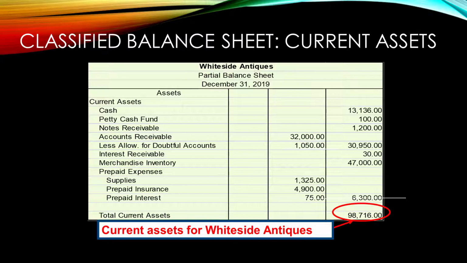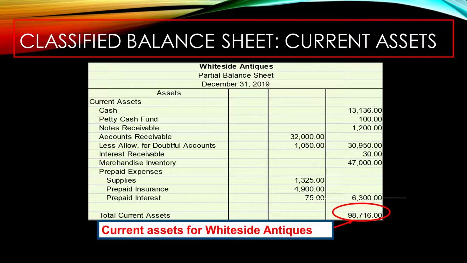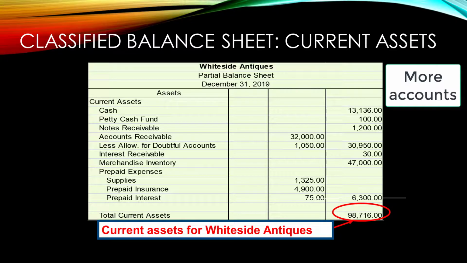The third and last statement is the balance sheet. Just as we learned in the first half of the semester, the purpose of the balance sheet is to show that the fundamental accounting equation is in balance. In other words, the balance sheet shows that assets equals liabilities plus equity. This balance sheet is a bit bigger because we've learned so many new accounts.